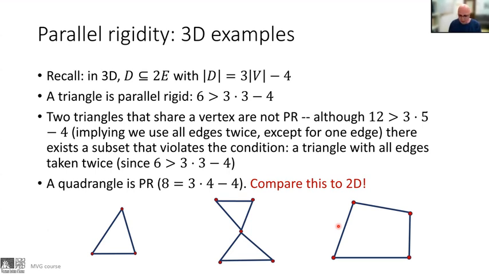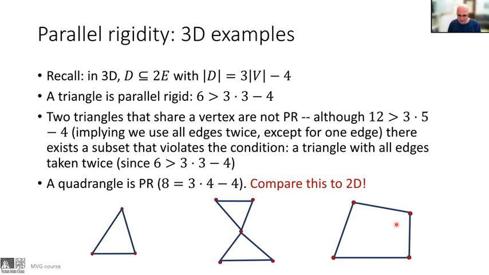Okay, let me try to explain this. These 4 points are in 3D. You can take any 3 points. Let's take this one and this one and this one. They are coplanar, right? These 3 points are also coplanar. So we have 2 planes here, this plane and this plane. 2 planes intersect in a line.